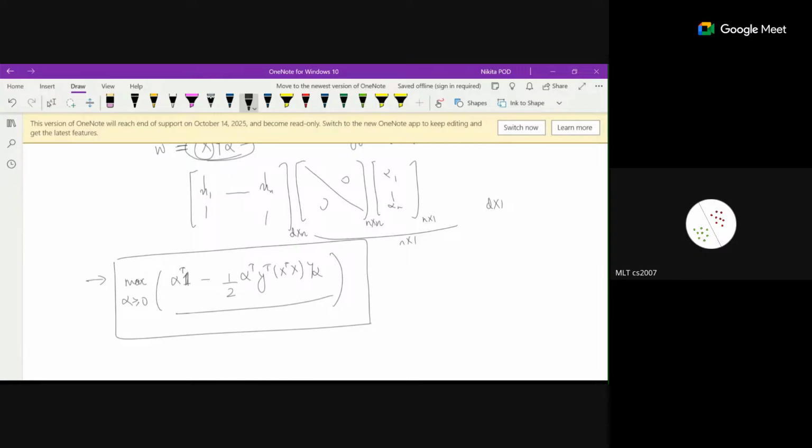Instead of this, you can write this as a sum over alpha I, I from 1 to n.